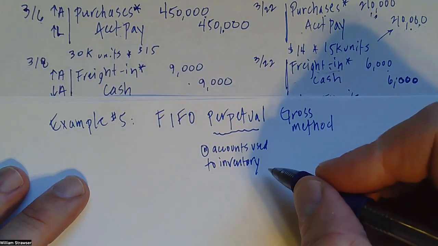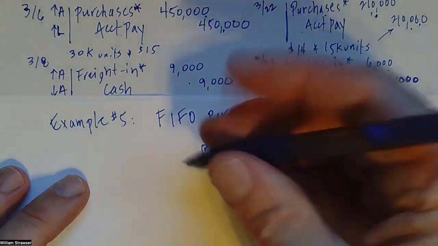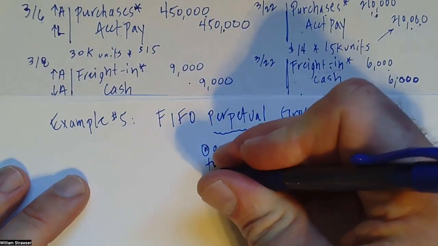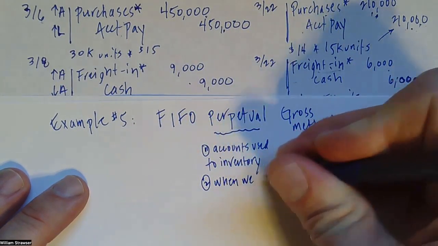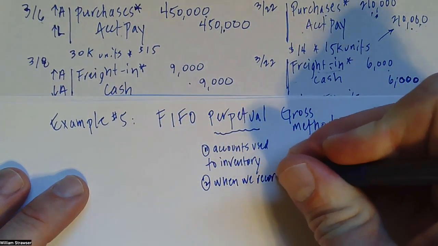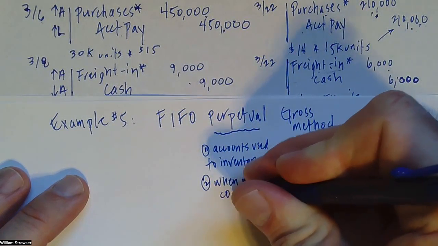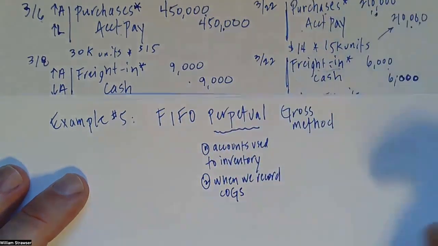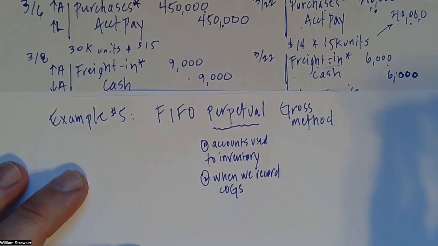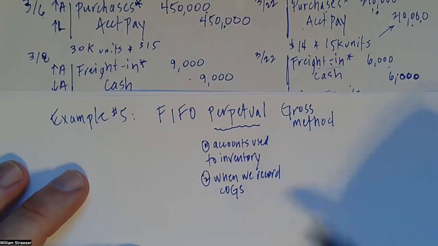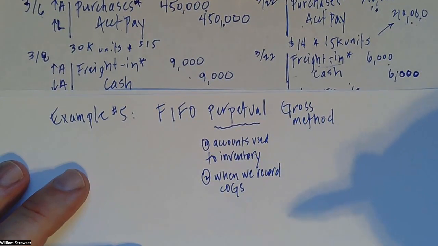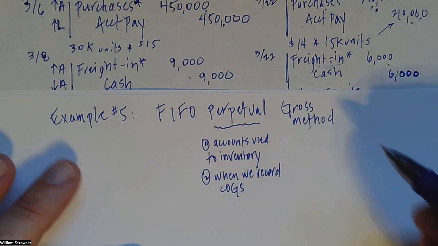Under the perpetual system, we use inventory every time. The second thing this changes is when we record cost of goods sold. Under the periodic system, we do it once at the end of the period, whereas under the perpetual system, we have to update cost of goods sold and inventory anytime a sale is made.